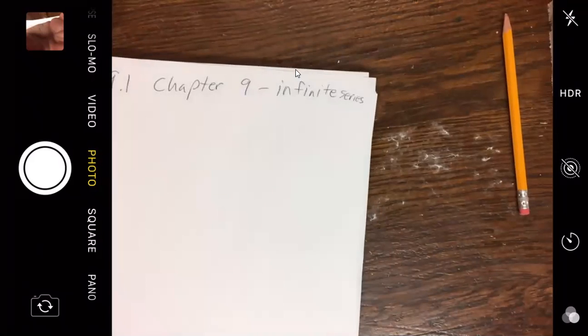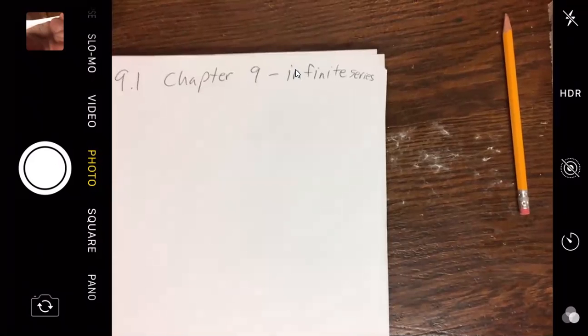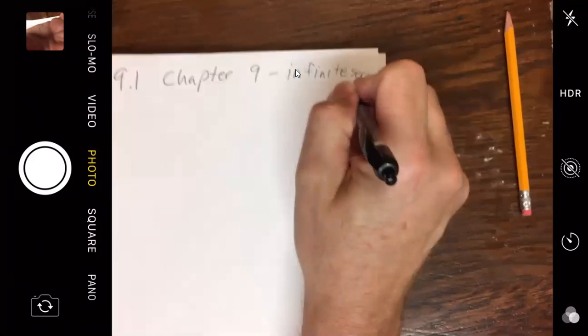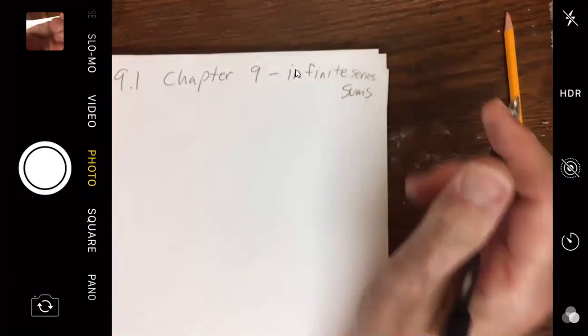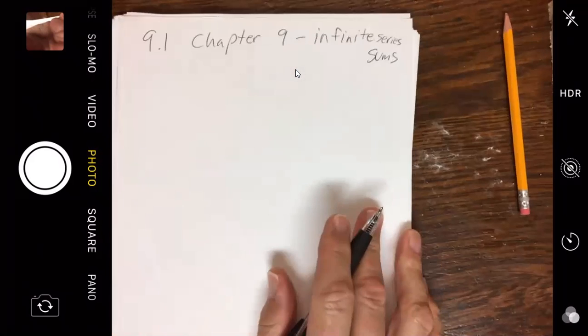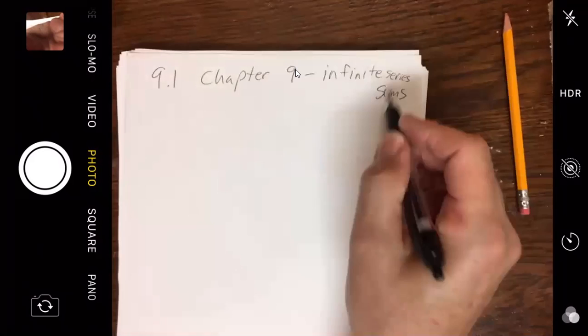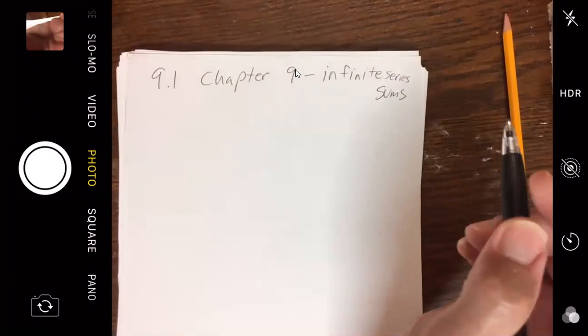That word may or may not be familiar to you, but basically you can think of them as sums. So it really is kind of out of left field. Why are we interested in infinite sums? What do they do for you, etc.